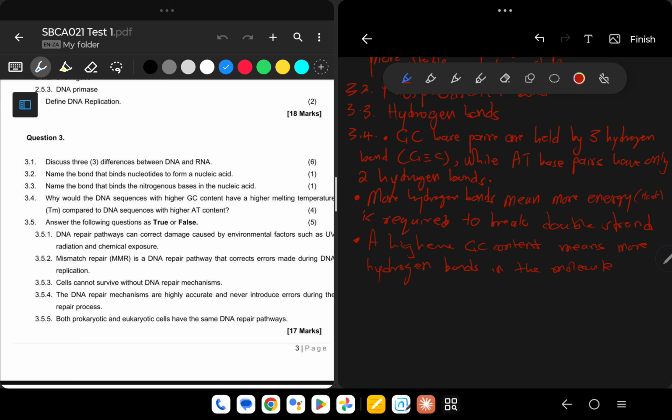Which molecule? The DNA strand, or the double strand.